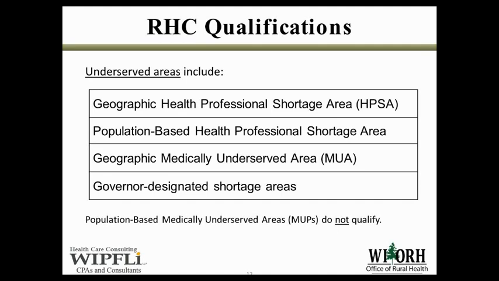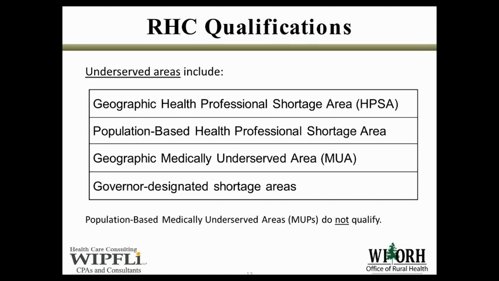The third shortage area designation we've identified here is called the medically underserved area, or MUA. That is also a federal designation. The criteria is a bit different than the health professional shortage area designation, but again, you can access the database on the HRSA, Health Resources and Services Administration, website. It will tell you if any particular area you are interested in has a valid and current medically underserved area designation.